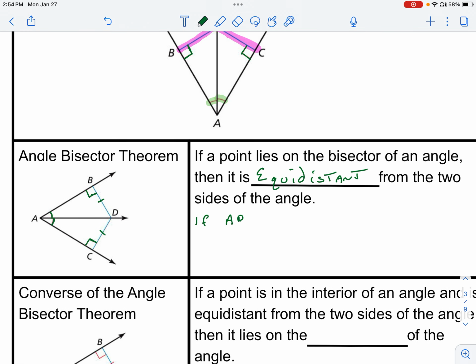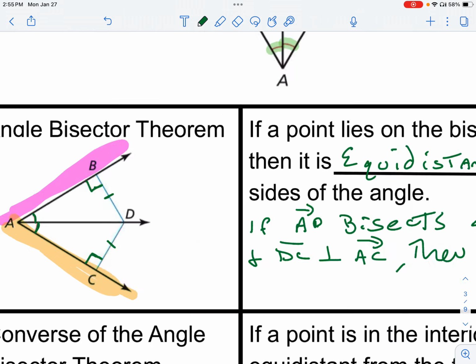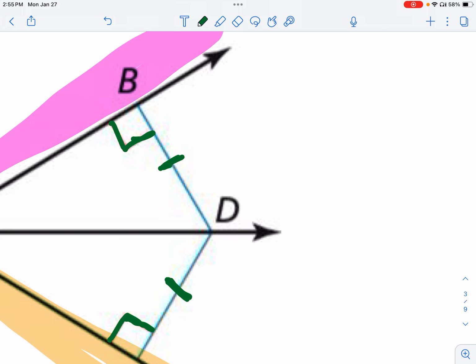If ray AD bisects angle BAC and segment DB is perpendicular to ray AB right here, and DC is perpendicular to ray AC, that will be right here, then DB equals DC, which is exactly what we marked earlier.